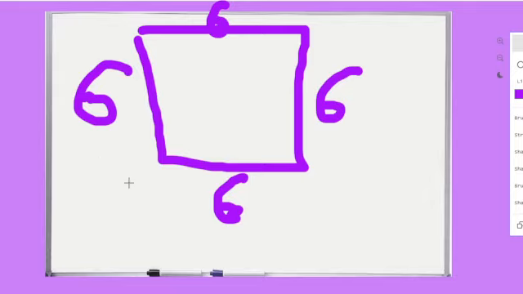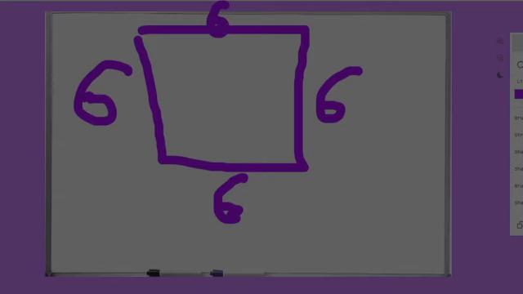So we're going to start with a square with 6 on each side. And an area of 25 is removed. Okay? To make this a little easier on you, we're going to start by deleting that square.